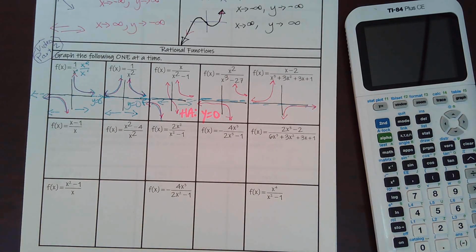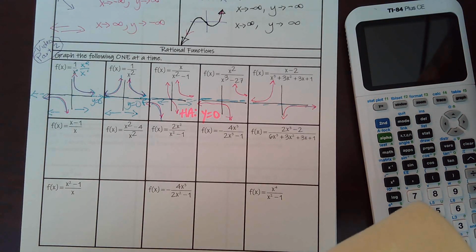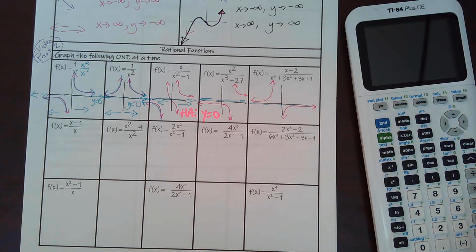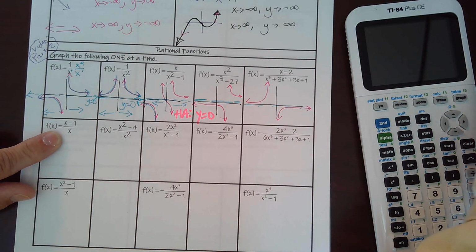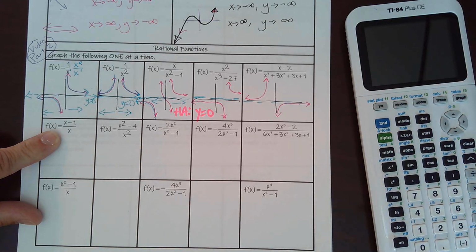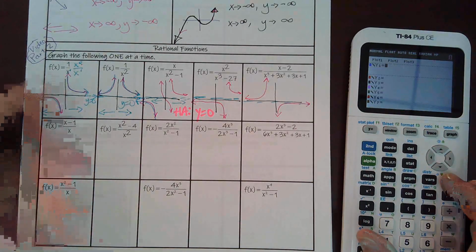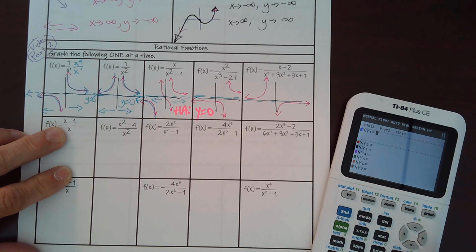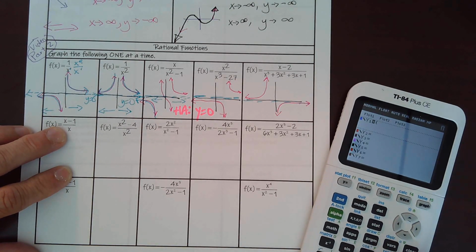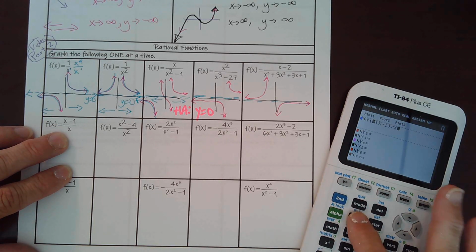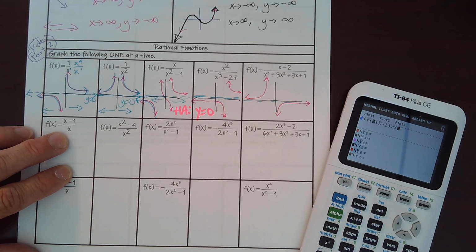So out of curiosity, I wonder what the graph will look like. Well, we're going to find out. So be careful how you put this in your calculator. I'm going to clear this out. I need parentheses around my numerator, x minus 1, and I will divide that by x, and now I will graph.